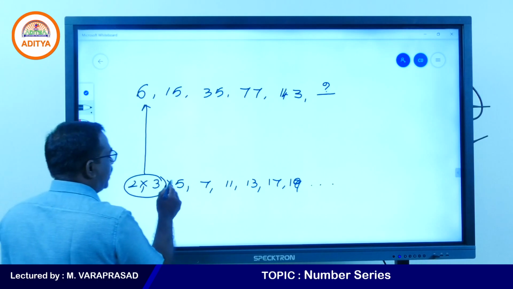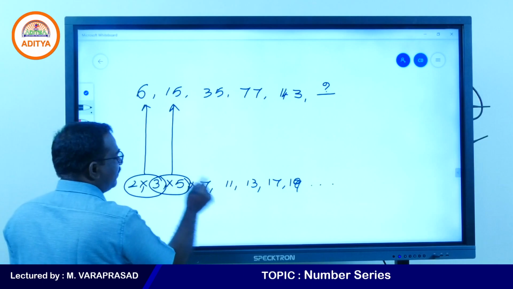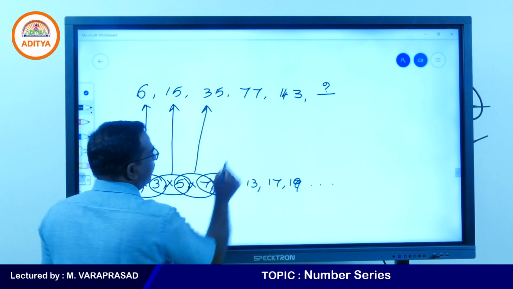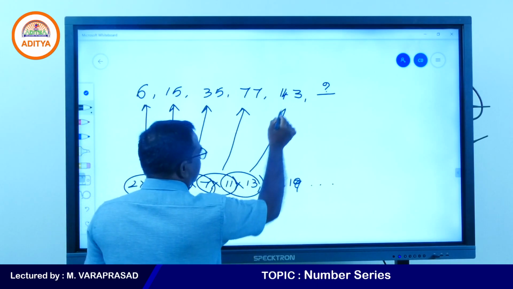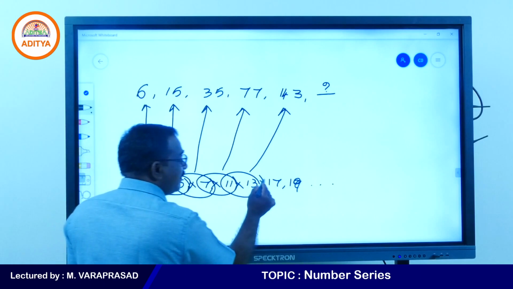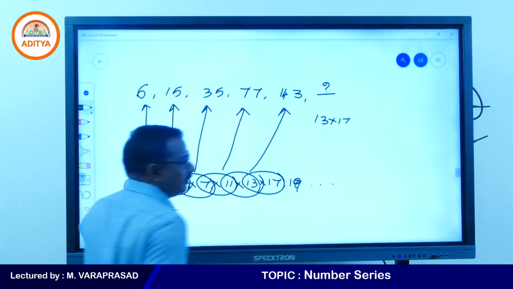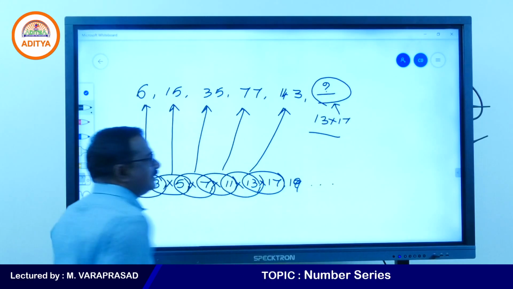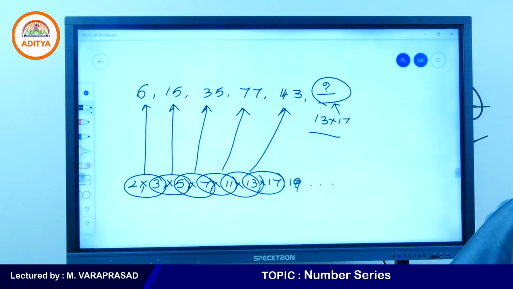Next 3 times 5 is 15, 5 times 7 is 35, 7 times 11 is 77, 11 times 13 is 143, and 13 times 17 you need to get by multiplying 13 into 17. Whatever product you get, that is the answer here.